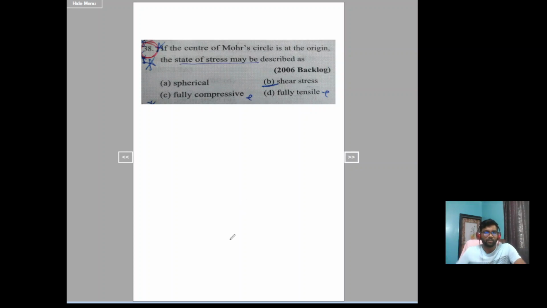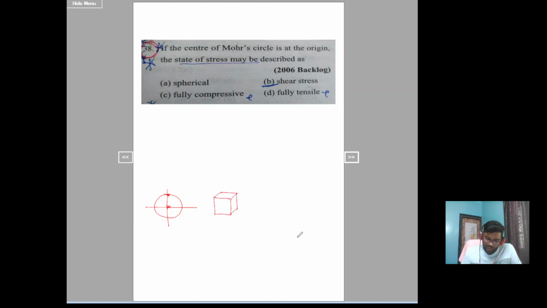If the center of the Mohr circle is at origin, the state of stress may be described as. Okay, so he is saying the Mohr circle is like this, that is, the center of the circle coincides with the origin. Let's start by analyzing the options. First one, he is saying spherical stress condition.